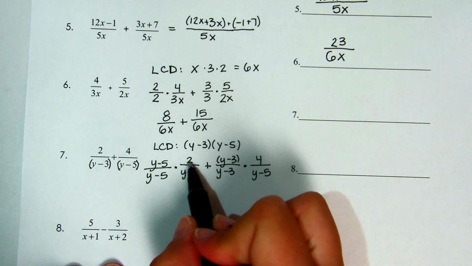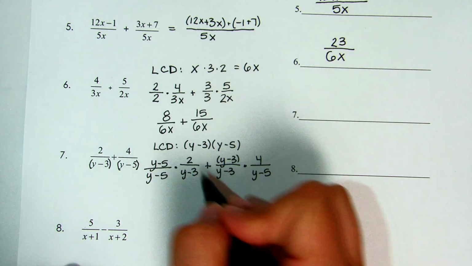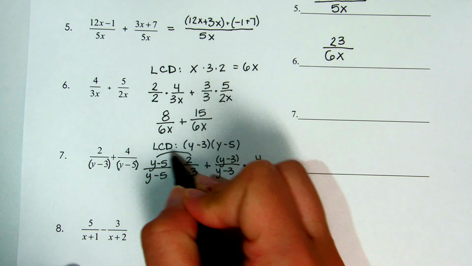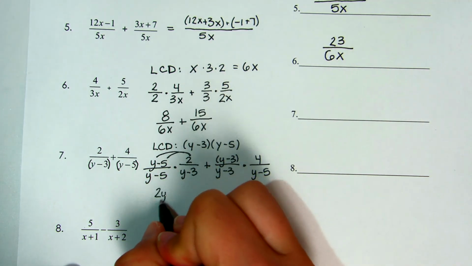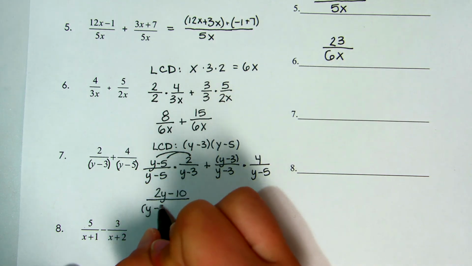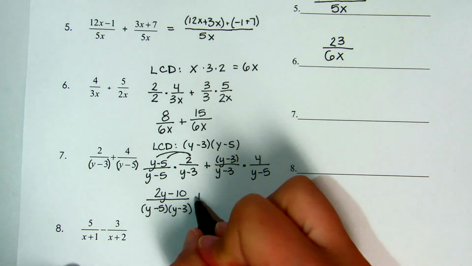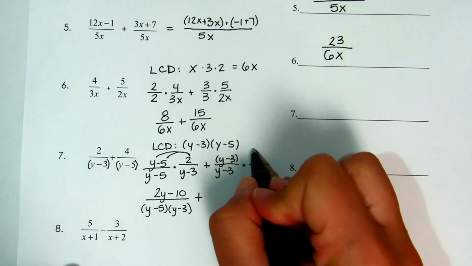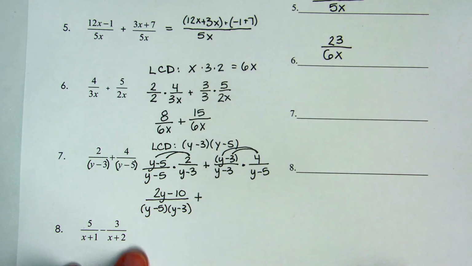Now, since I have 2 times y minus 5, I'm going to have to distribute that multiplication. So 2 times y and 2 times 5. 2y minus 10 over my common denominator, y minus 5 times y minus 3. Plus, same thing over here, 4 times y minus 3.